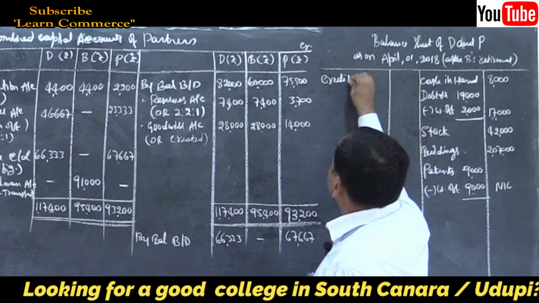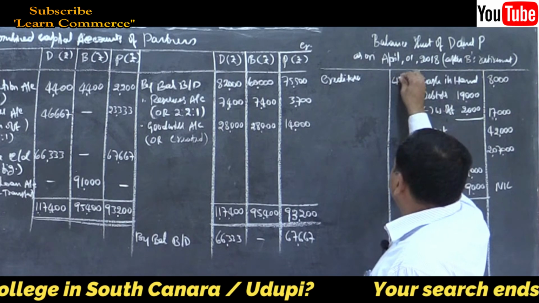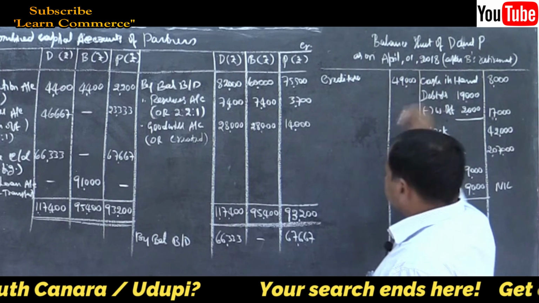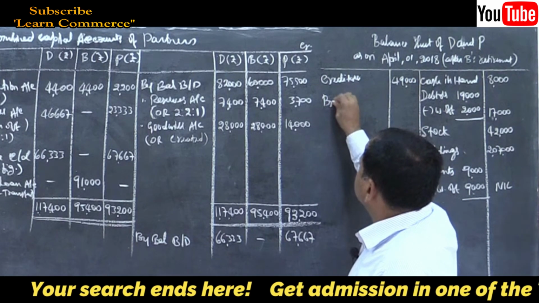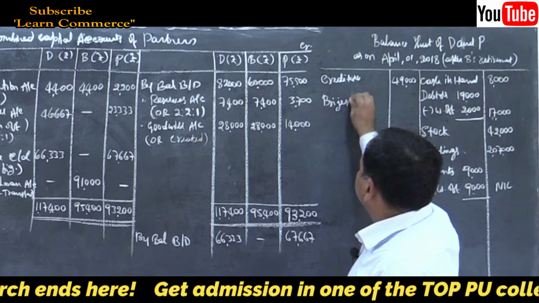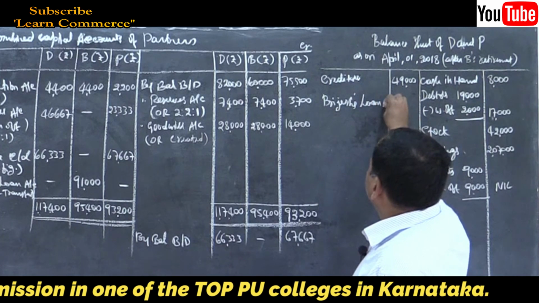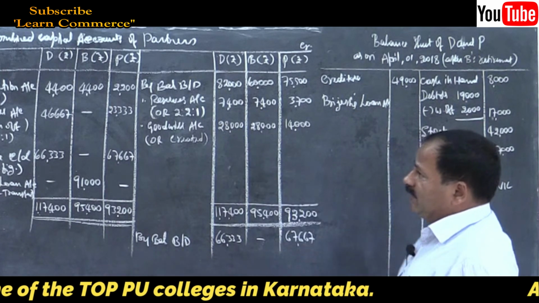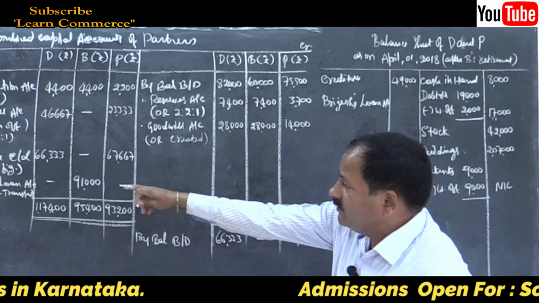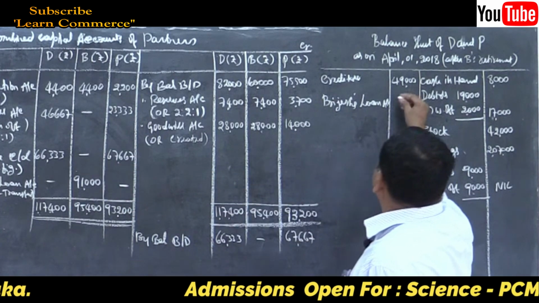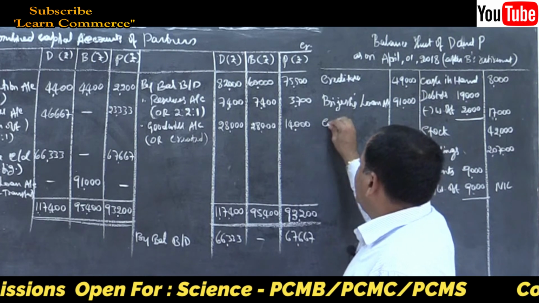Creditors, no change, 49,000. Then Brigesh's loan account. Write the amount transferred to his loan account, the balancing figure of 91,000.